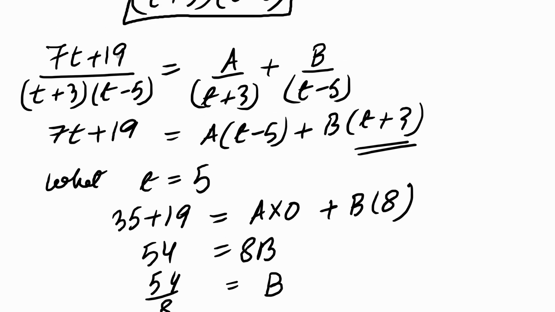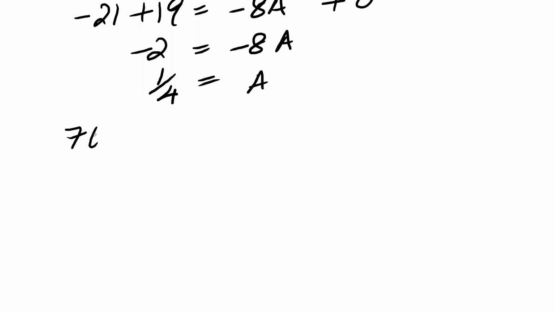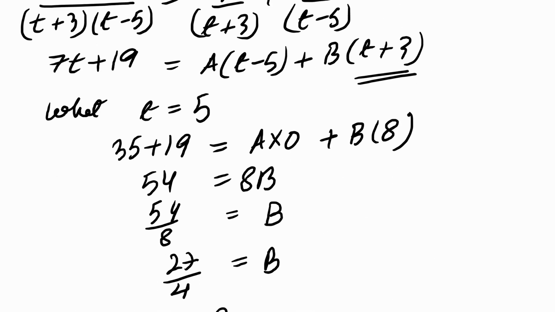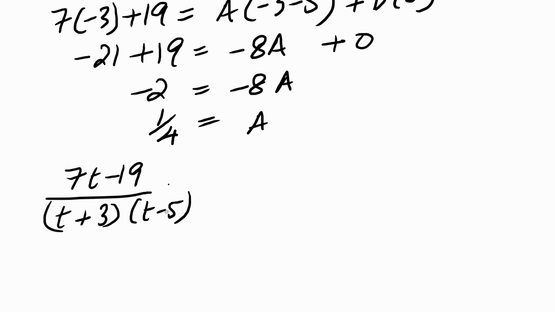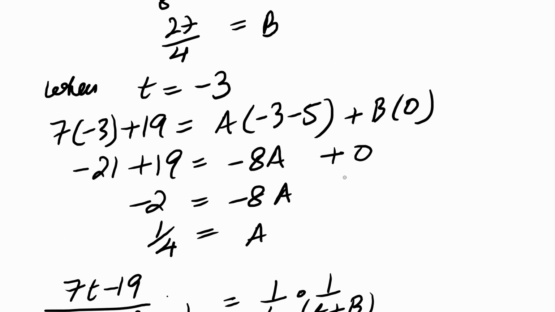I can write (7t plus 19) upon (t plus 3)(t minus 5) is equal to, A was 1 by 4 into 1 upon t plus 3, and B was how much?